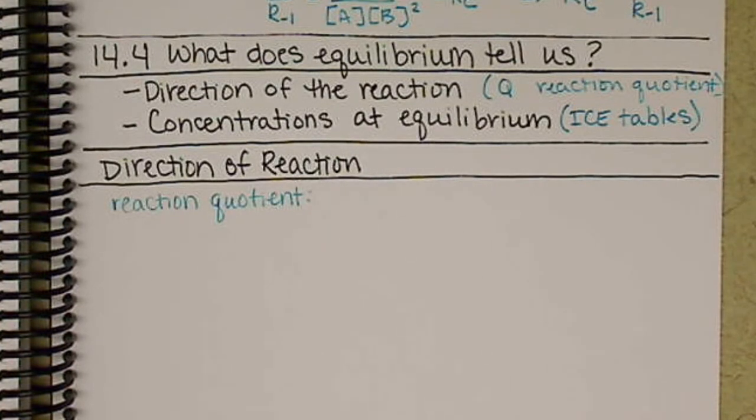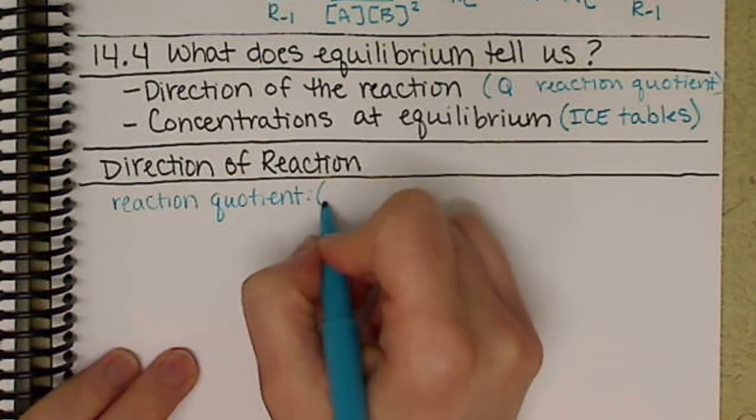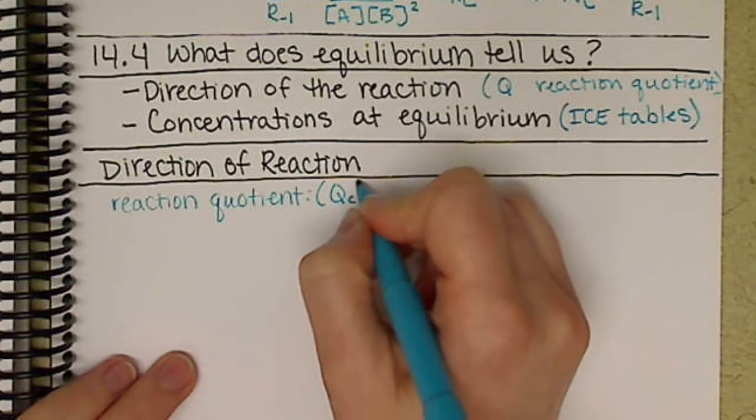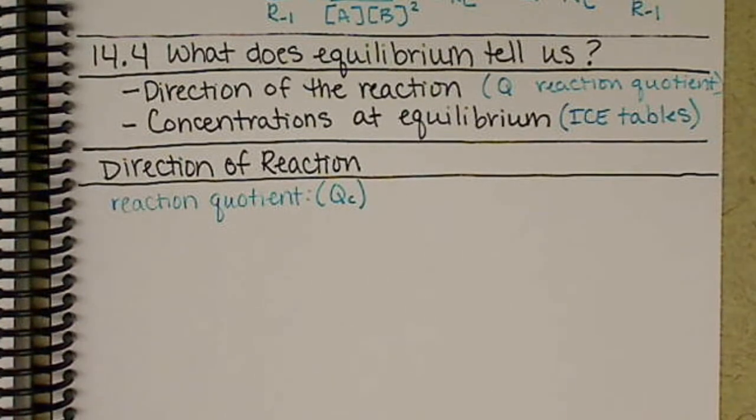Our reaction quotient, we give the symbol Q, and we're going to use concentrations with it mostly, so Qc, just like Kc. It's going to be the same expression as our equilibrium constant expression, except we aren't going to know if we're actually at equilibrium or not. So until we know we're at equilibrium, we don't use Kc, we use Qc instead.